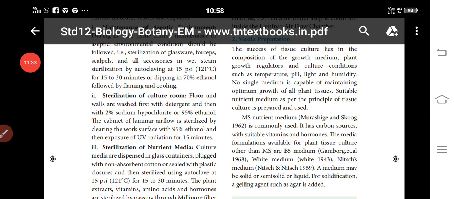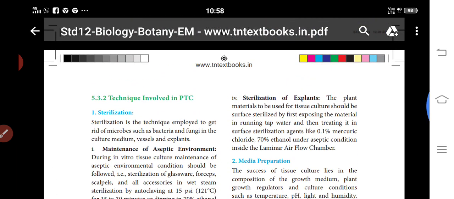So next one. Sterilization of nutrient media is finished. Next one, sterilization of explant.